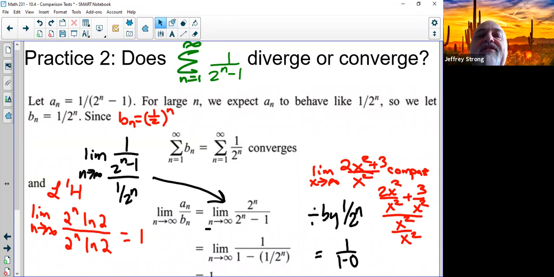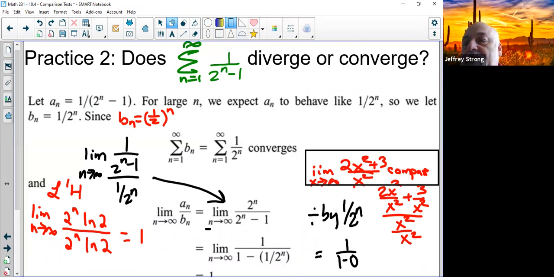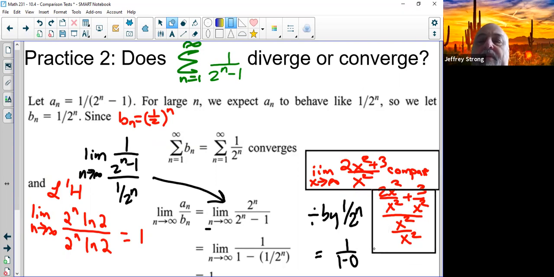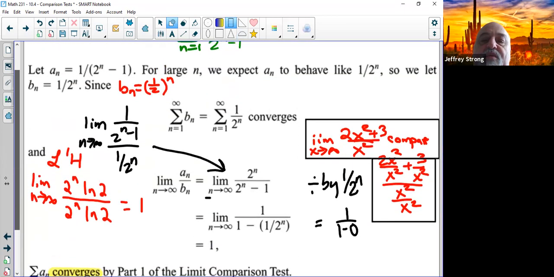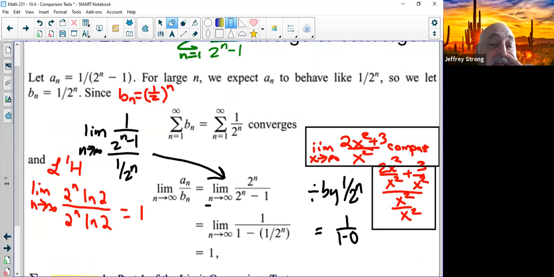There's nothing to say that you couldn't do it a different way. But this is probably the easiest way if you remember how to do the derivative of 2 to the n.